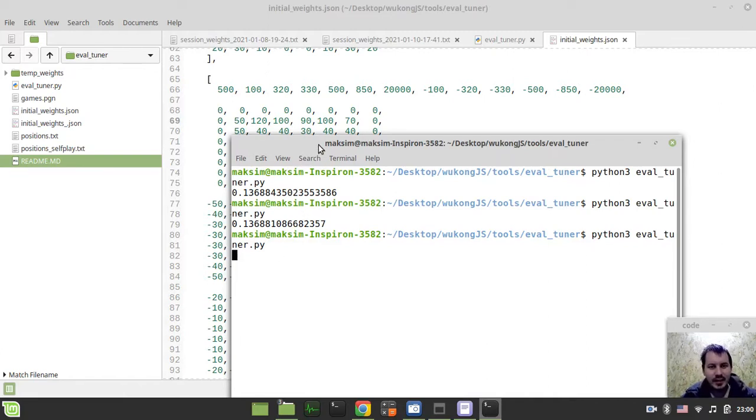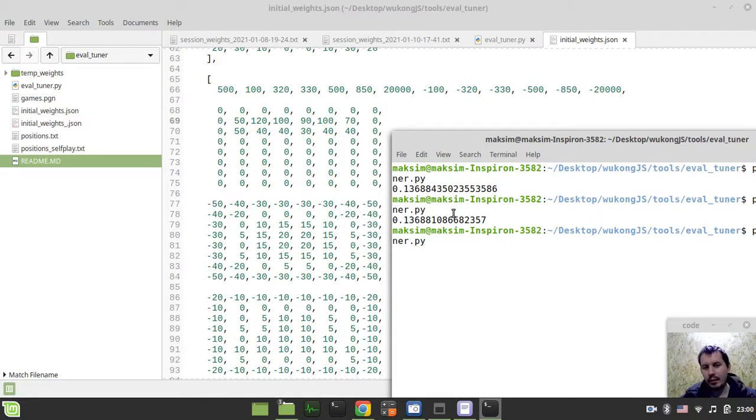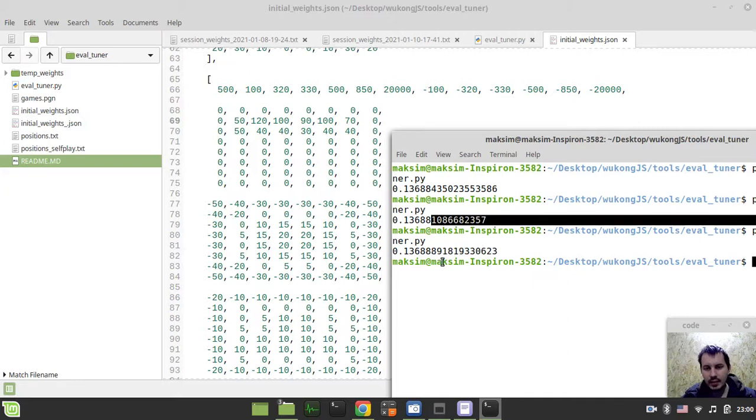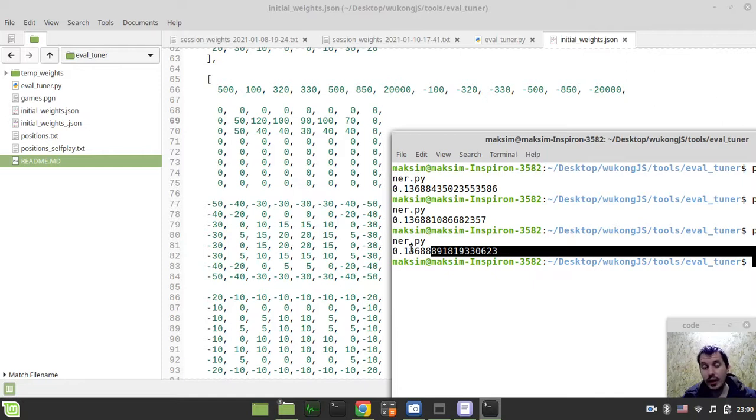And this is a very good example that if you just have the lowest mean square error, it doesn't obviously mean that it will play stronger. Now, you see, it has been increased. We had 10 and so on, now we have 89. So the mean square error has been increased.